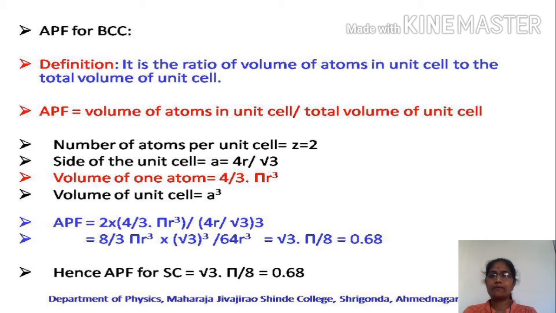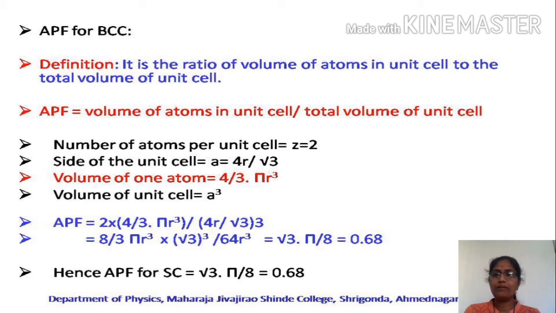It gives us the value as 2 into 4 by 3 pi r cube divided by, bracket, 4r divided by root 3, bracket cube. On solving this, it gives us 8 by 3 pi r cube into root 3 cube divided by 64 r cube. On solving this, we come to the value of root 3 into pi by 8.